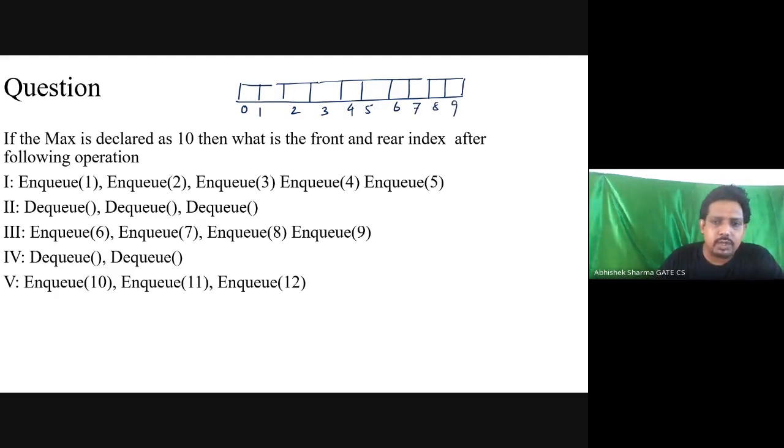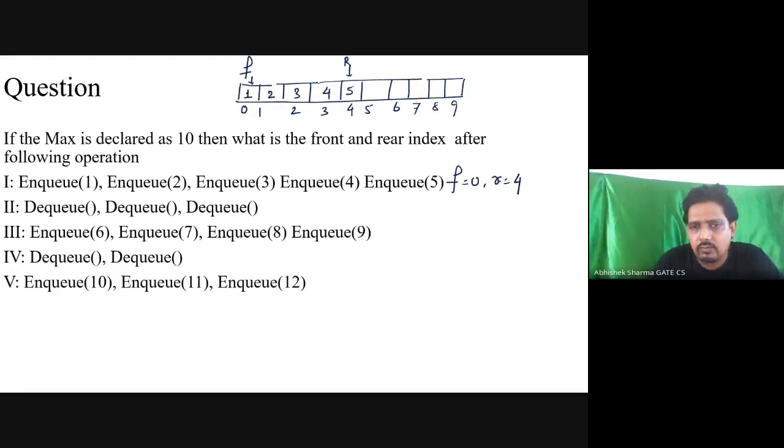So NQ 1, 2, 3, 4, 5: I'm inserting the elements 1, 2, 3, 4, 5. Now after that, front will become 0 and rear will be here. The first answer is F is equal to 0 and rear is equal to 4.